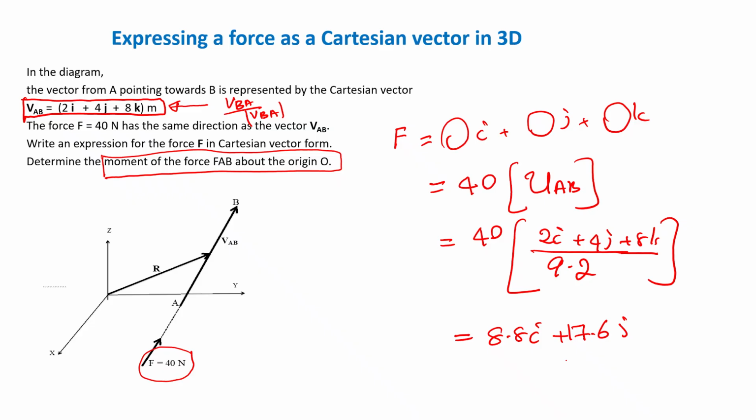Okay, do you all get this? 8.8i, 17.6j, 35.2k.